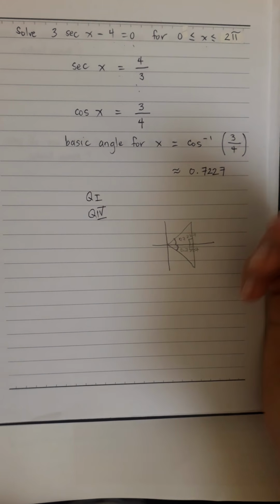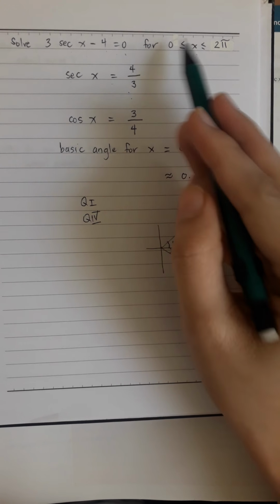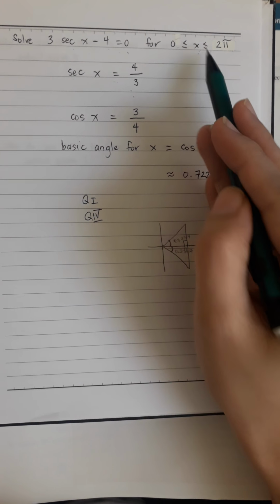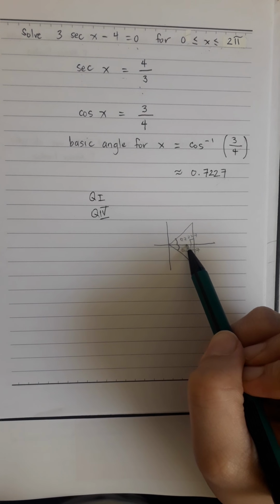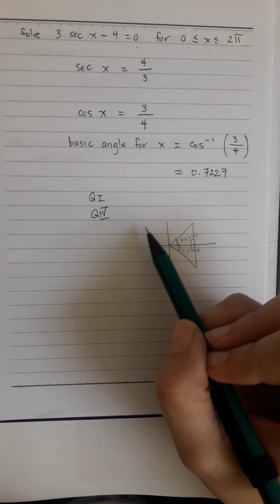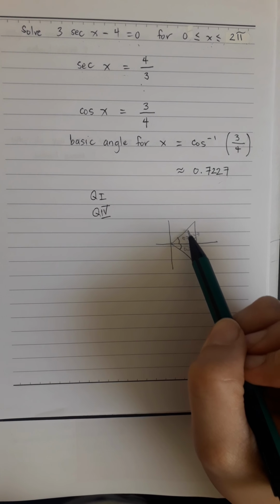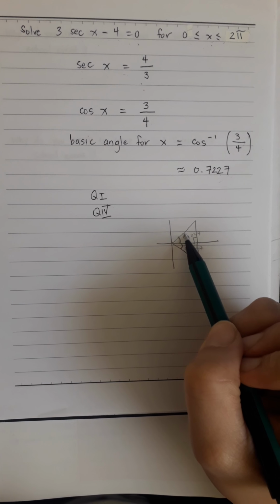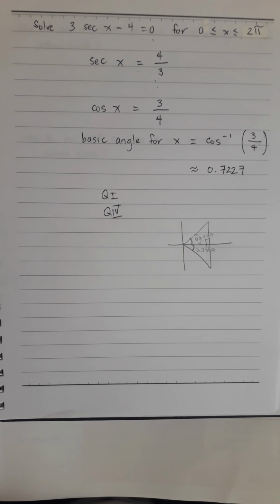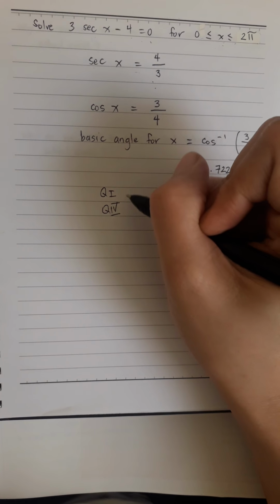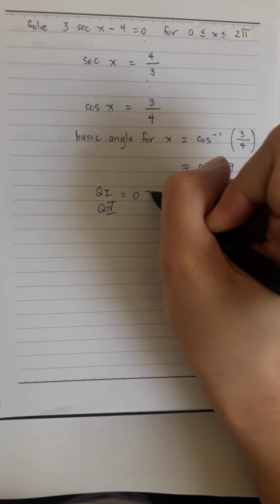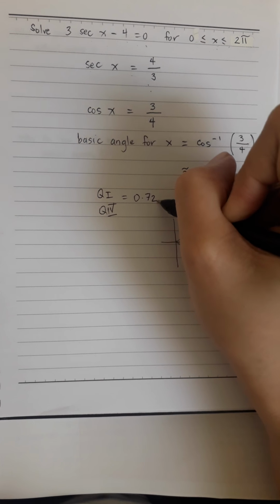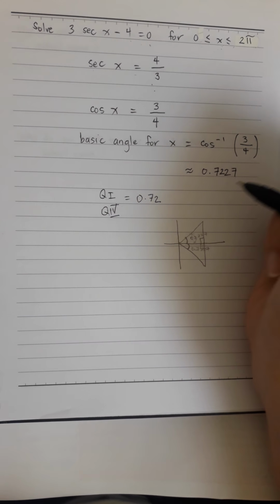So the first angle, positive. These values are positive, so our rotation will be going that way, anti-clockwise. Okay. So this is the first angle we will take from quadrant 1, which is 0.72. Round it off to 3 significant figures, so 0.723.